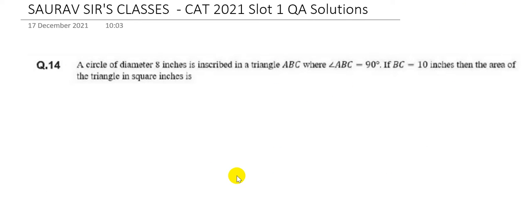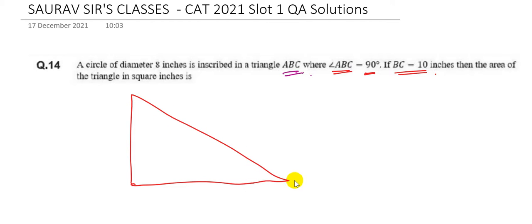We come to question number 14, which says a circle of diameter 8 inches is inscribed in a triangle ABC, where angle ABC is 90 and BC is 10, and we have to find the area of the triangle. So it's a right angle triangle, and we have the incenter.